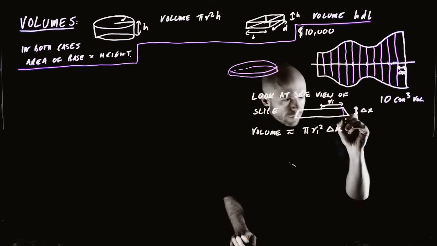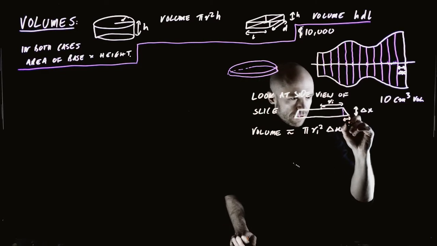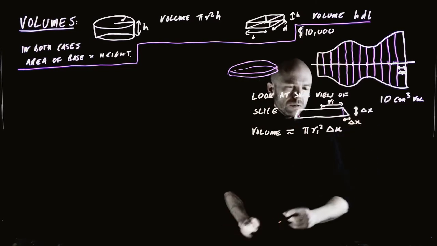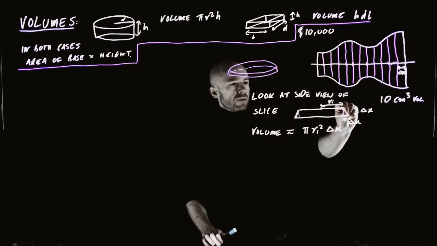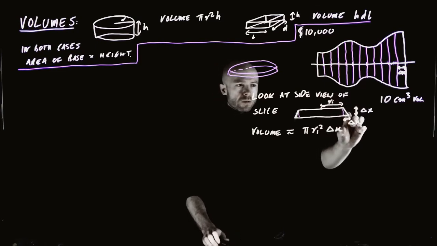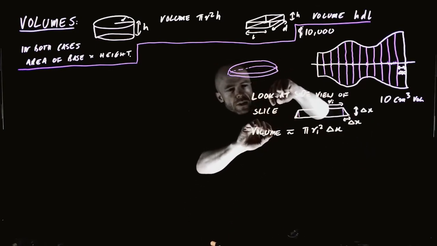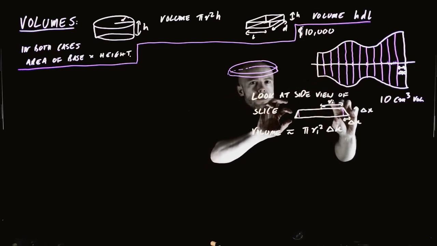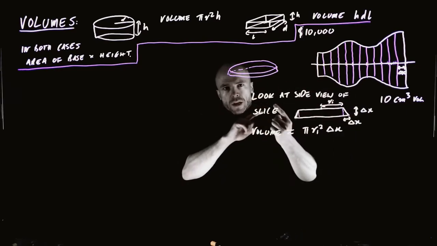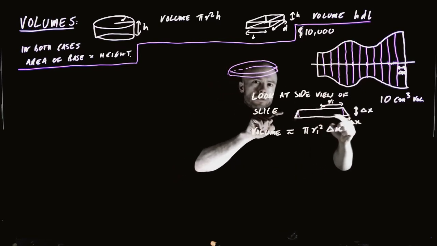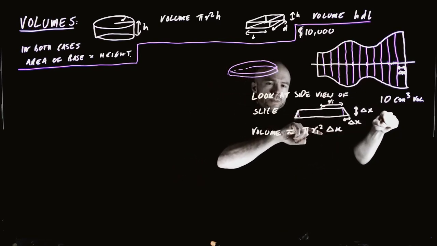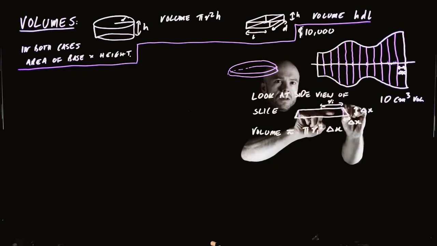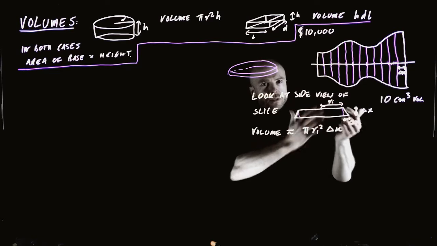Well, this extra stuff from the edges, this distance is kind of like delta of x as well, right? So we have this kind of area here, which is like delta of x times delta of x, which is delta of x squared, and it goes around the perimeter of the slice. So that is going to be like the perimeter of the slice, which is 2 pi Ri, times this thing here, which has area like delta of x squared.